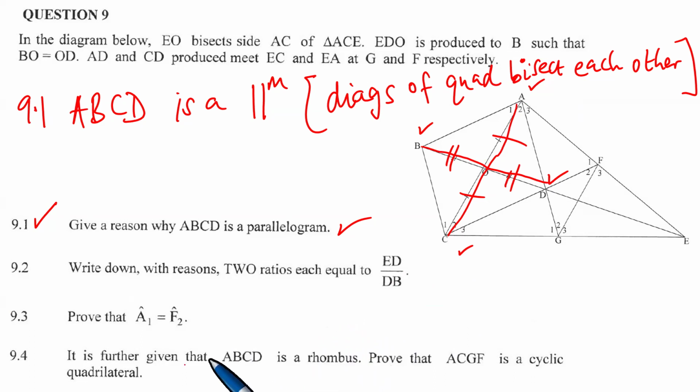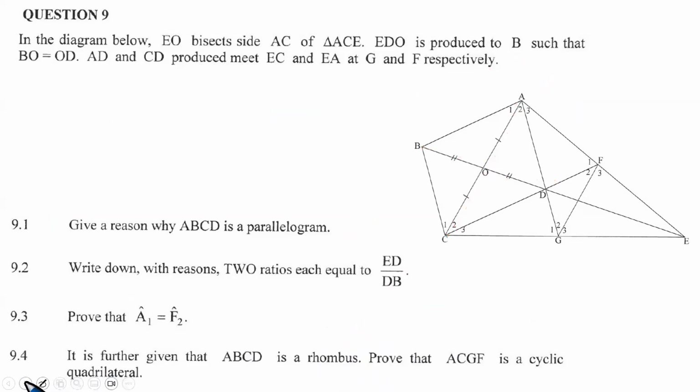Next, we look at 9.2. Write down with reasons two ratios each equal to ED over DB. E here, D here, B here.